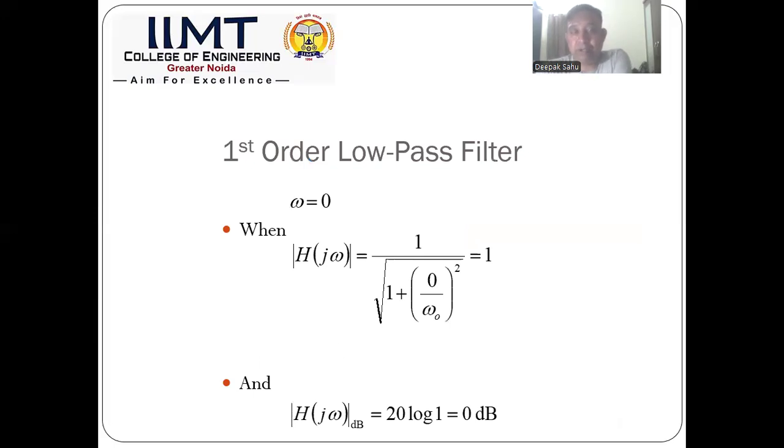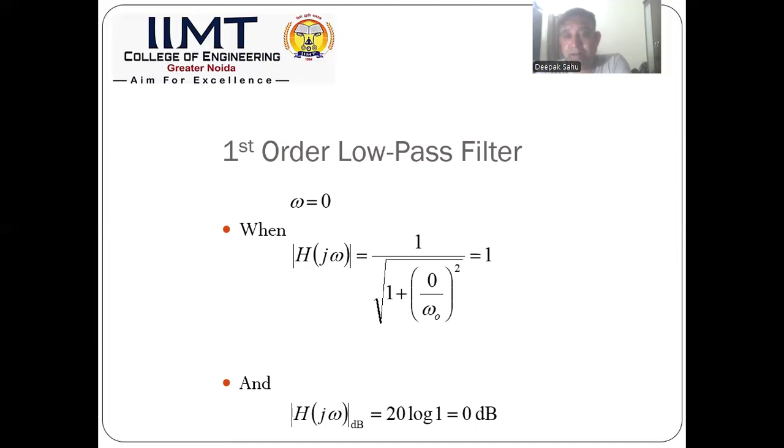Now, to roughly plot any filter frequency response curve, we mainly take three critical points: omega equal to 0 at the start, then midway where the varying frequency is equal to the cutoff frequency, and a very large range of frequency, that is infinite frequency.